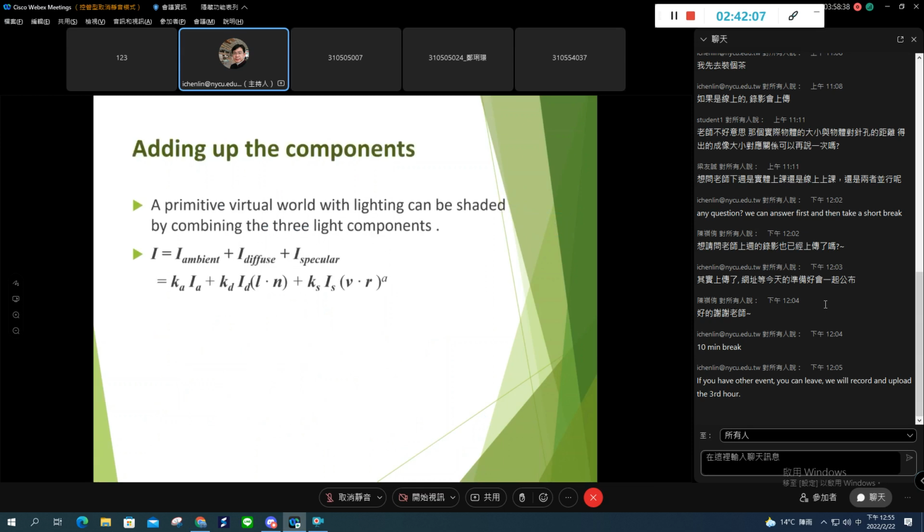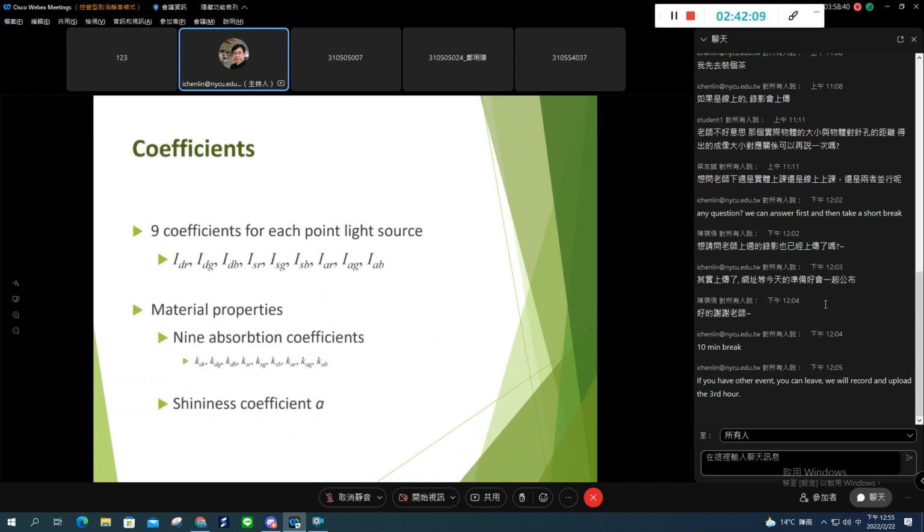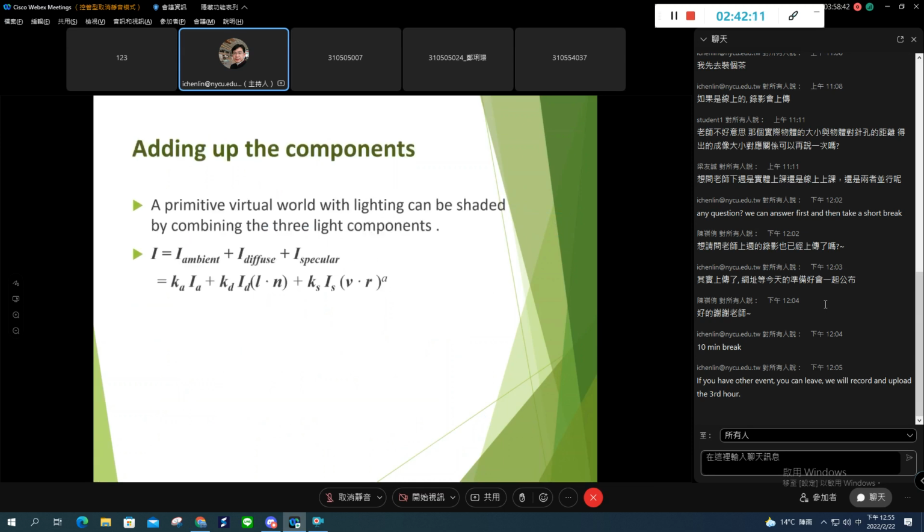Okay, so in the end, we actually have to combine all of these kinds of light to represent the reflection of a scene. But we will talk about that in the last course, and probably talk about photometric stereo in the next course. Okay, so that is all I want to introduce.